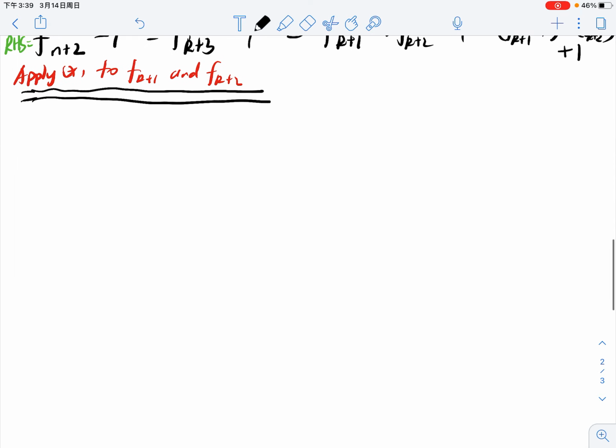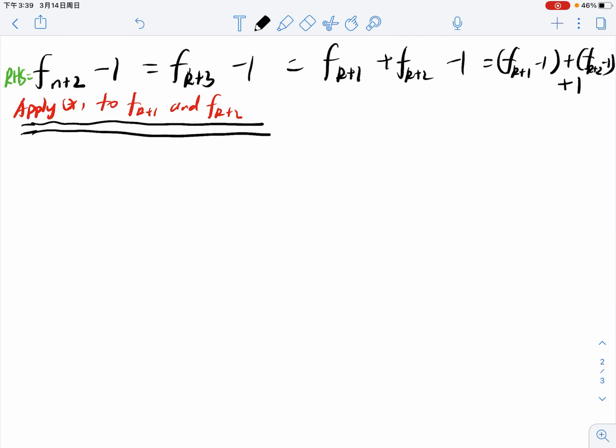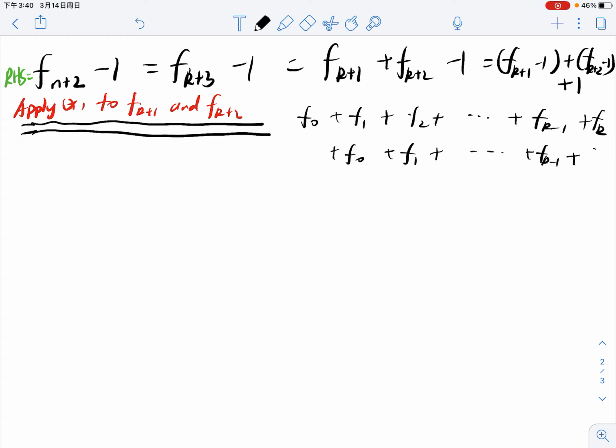Then you have first F(k+2) minus 1 equals F0 plus F1 plus F2 plus all the way up to F(k+1) plus Fk. Then next F(k+1) minus 1 gives you F0 plus F1 plus all the way up to Fk, and you have an actual 1.